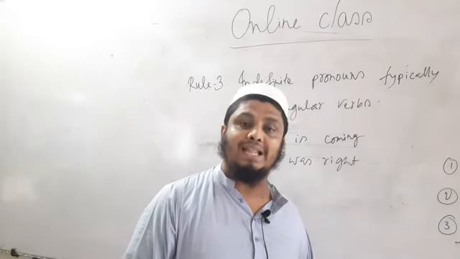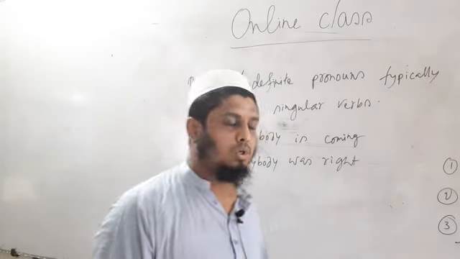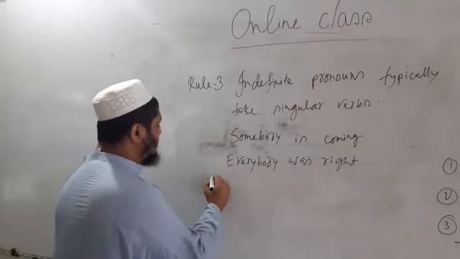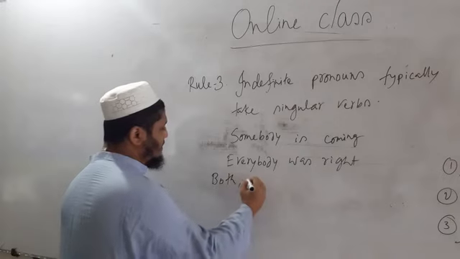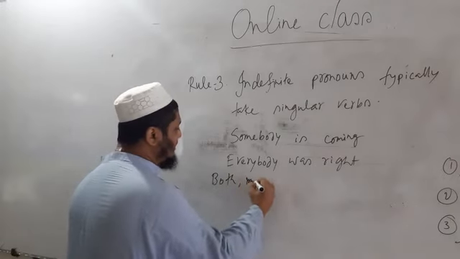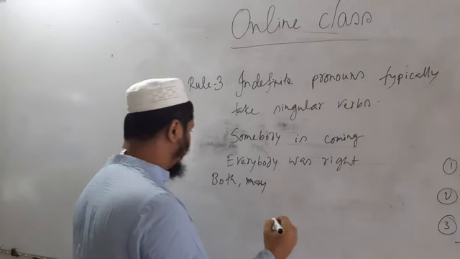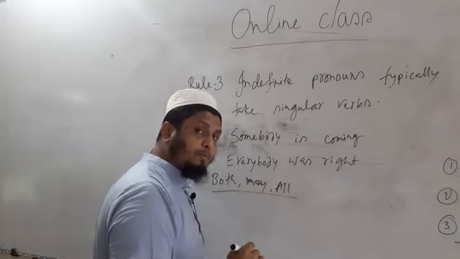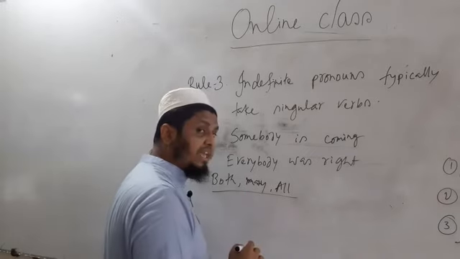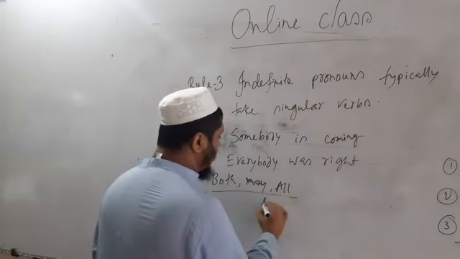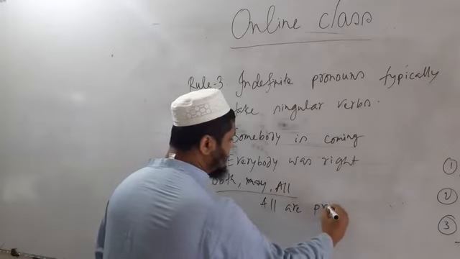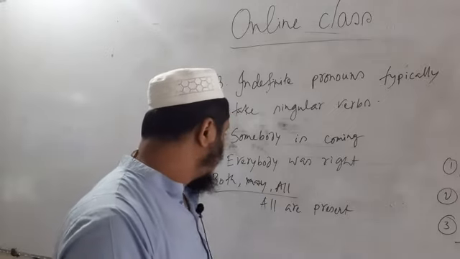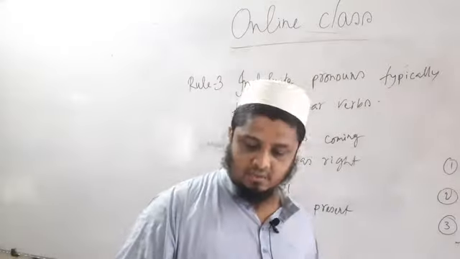But students, there are some exceptions also, such as both, many, all. These are also indefinite pronouns, but these words will take a plural verb. All are present. All are present, not all is present. Okay students, then I think this rule is enough.